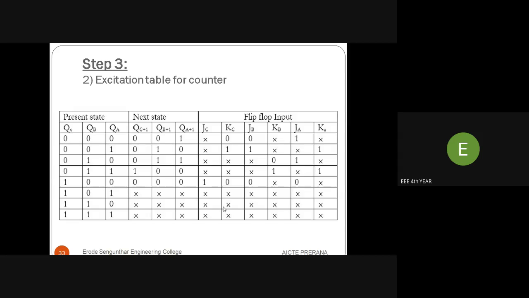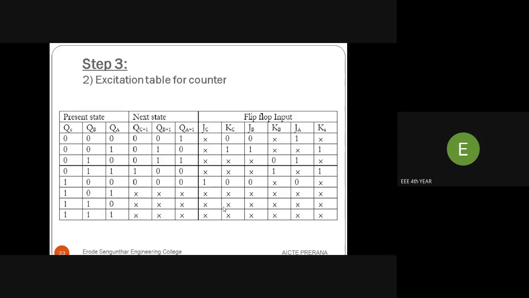After completing 100, it goes to the next state 000. For 5, 6, 7 there is no next state, so they are don't cares: x, x, x. This is the mod 5 counter present state and next state table.